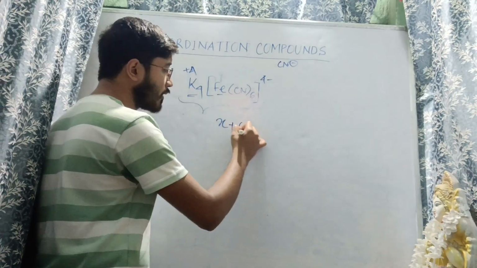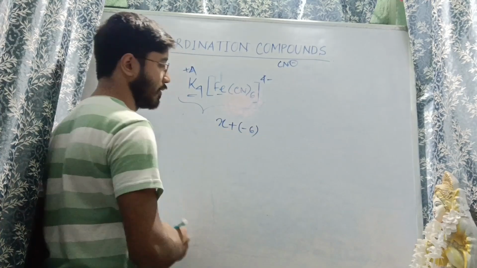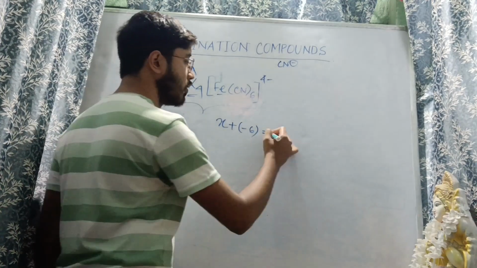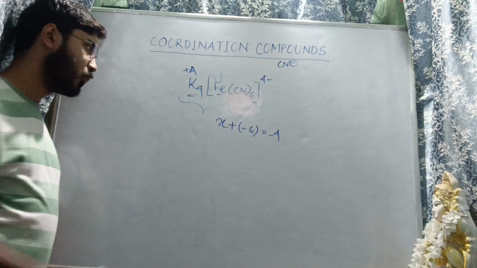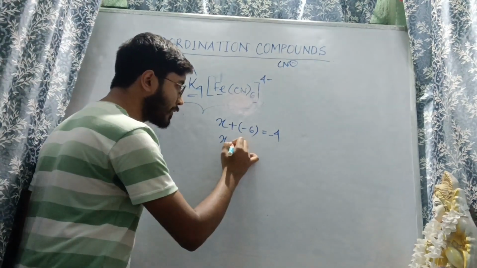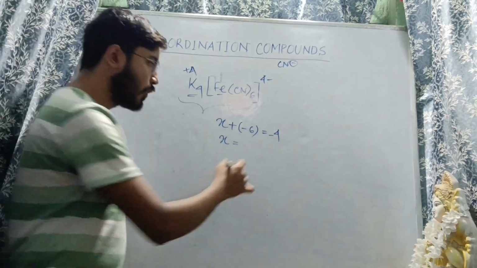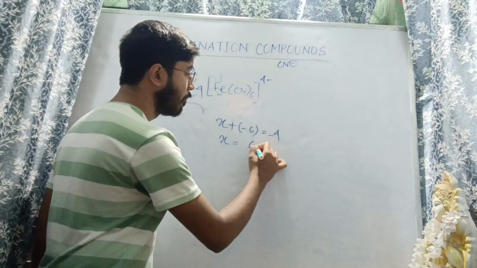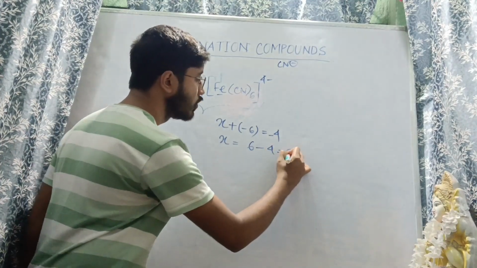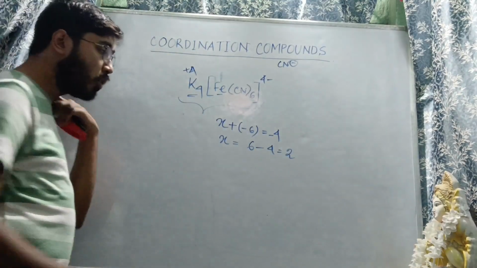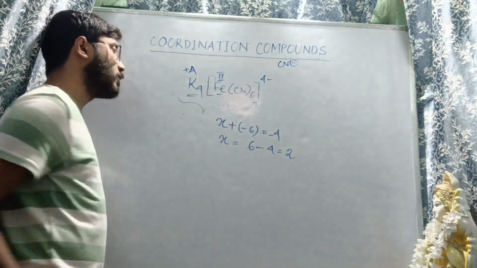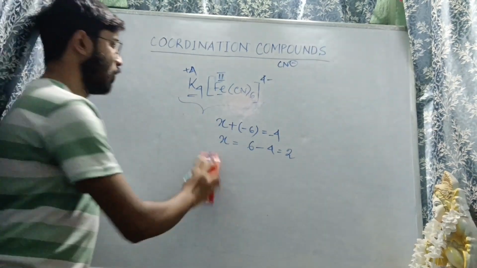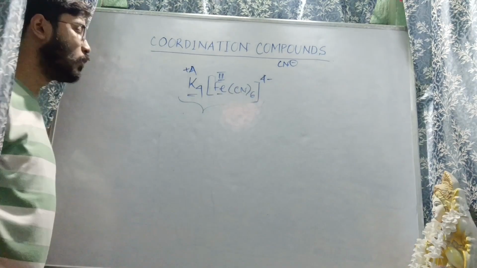So X plus -6 equals -4. What is the value of X? X equals 6 minus 4, that is 2. So the oxidation state of iron is +2 for this complex.